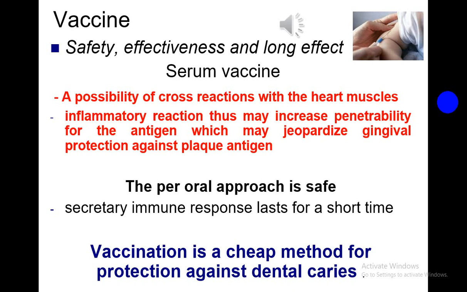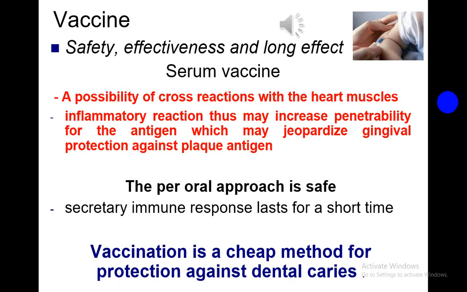However, there is a possibility of cross-reaction with the heart muscles as reported by some experiments, and it has been found also that stimulation of serum immunoglobulin may increase the inflammatory reaction, thus may increase the penetrability for antigen to deeper mucosal tissue, jeopardizing the gingival protection against plaque antigen.